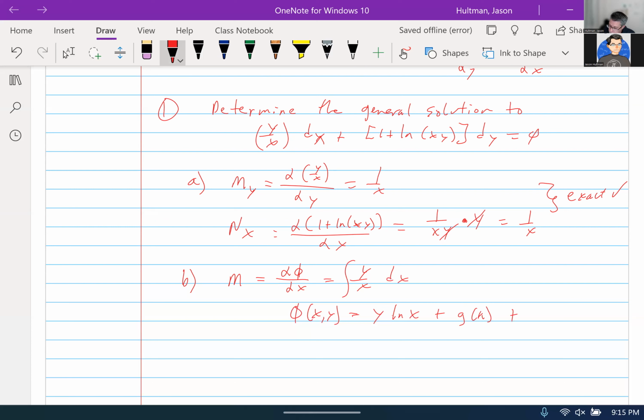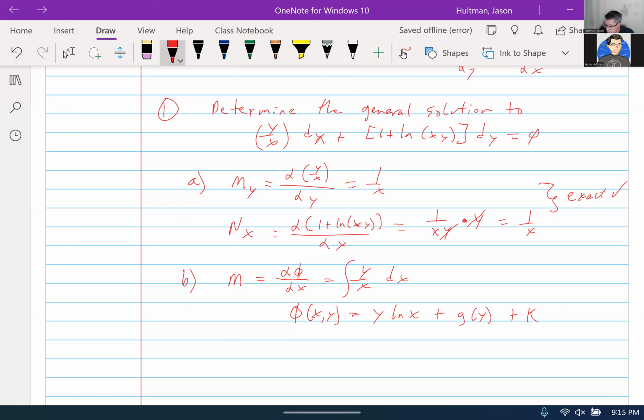And then we could have a constant function, and we'll call that k. If I take the derivative of this with respect to x, the only portion to survive is the y natural log of x portion.